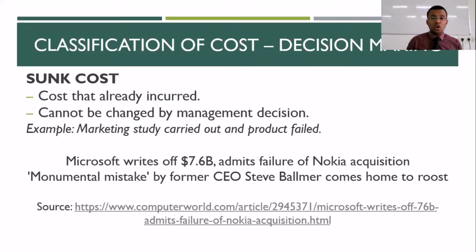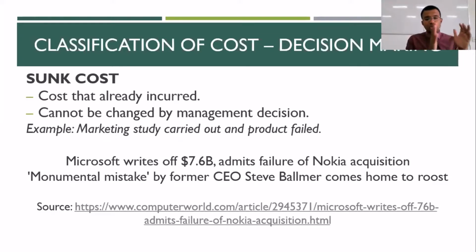So the first cost that we're going to be discussing is called sunk cost. Now, what is meant by sunk cost? As the name suggests, it is a cost that you are writing off completely. It is something that you don't have an option to recover, you don't have an option to recoup. Such kinds of costs are called sunk costs.